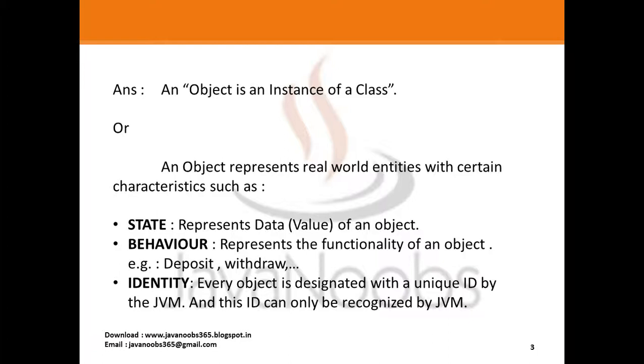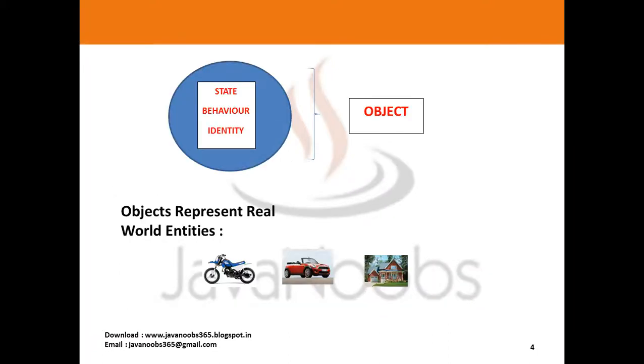So these are the three key characteristics which you will have to remember. If anybody asks you what an object is, you just tell them that an object is an instance of a class. That is the first point. An object represents real world entities with certain characteristics such as state, behavior and identity.